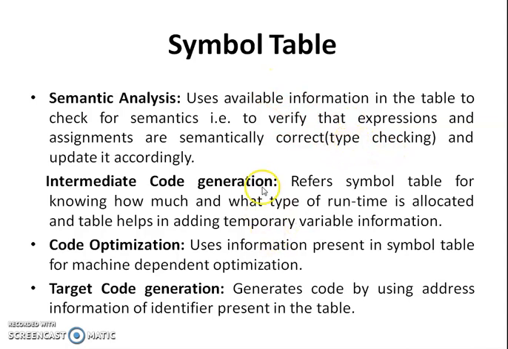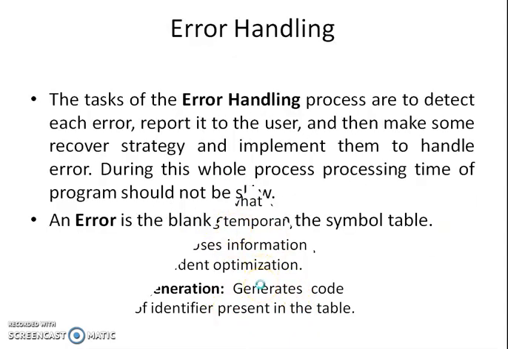In the case of intermediate code generation, it tells what type of runtime is allocated. In the case of code optimization, it uses information for machine dependent optimization. And the target code generator generates the code by using the code optimization information present in the table.